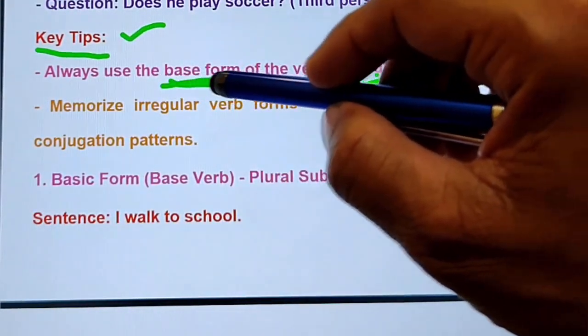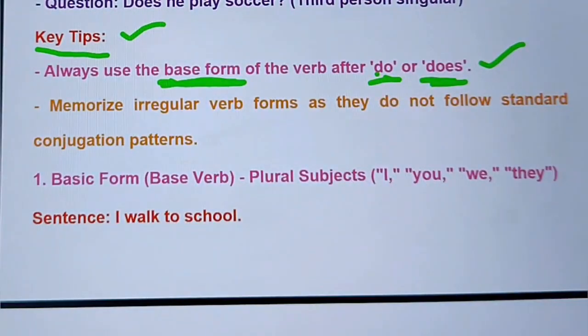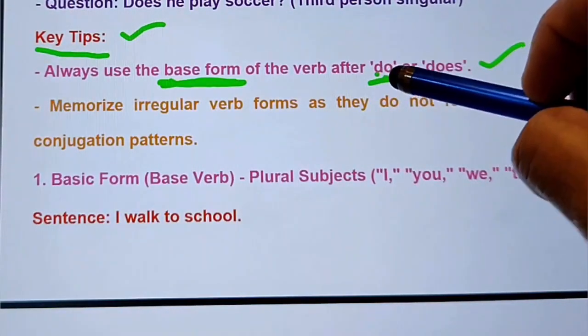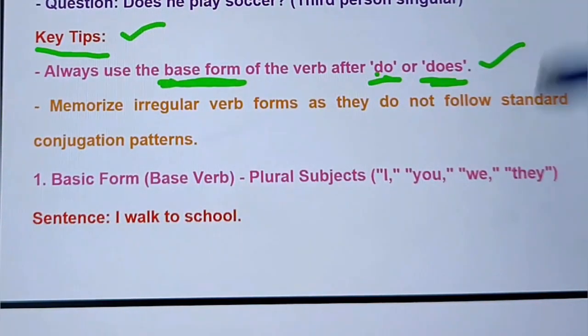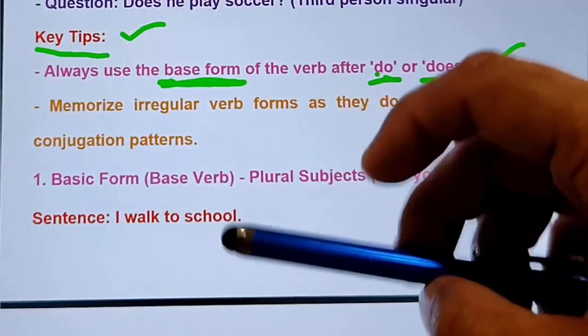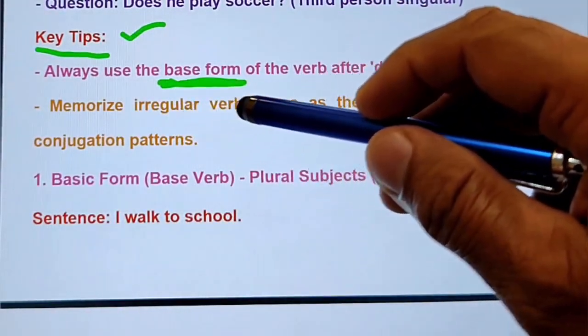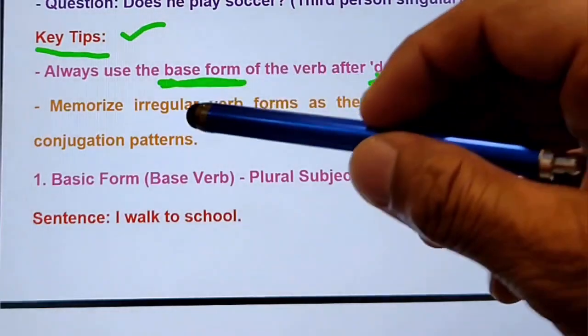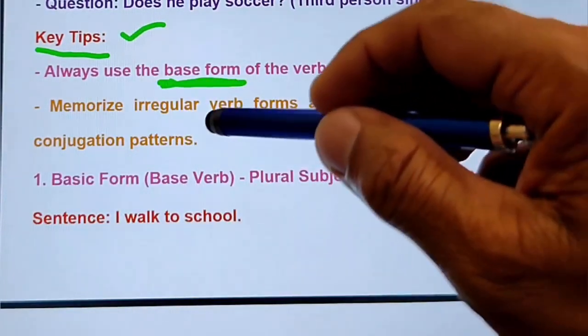So this is very simple. This is the first one. And next one here, memorize irregular verb forms as they do not follow standard conjugation patterns.